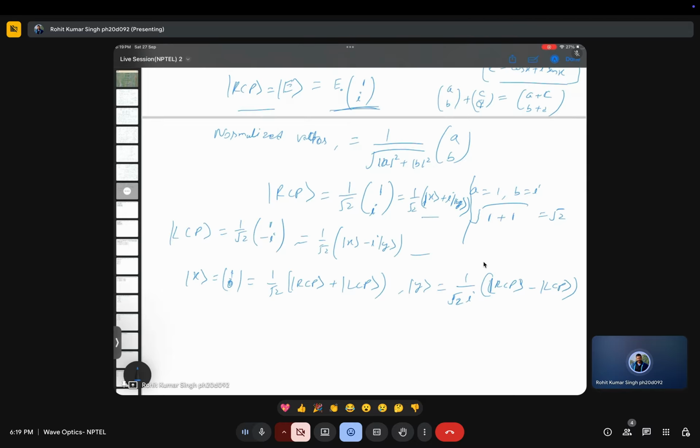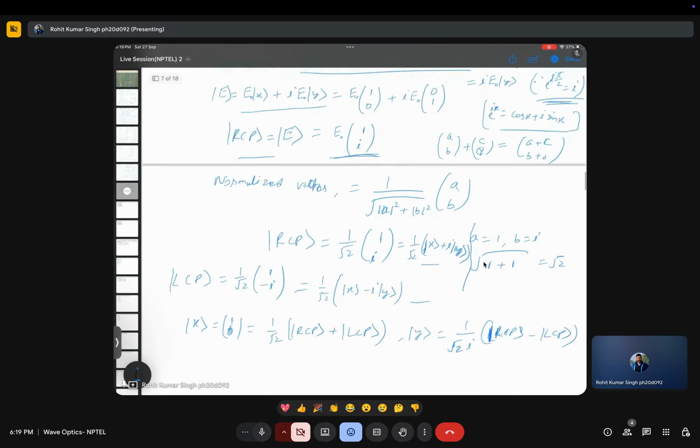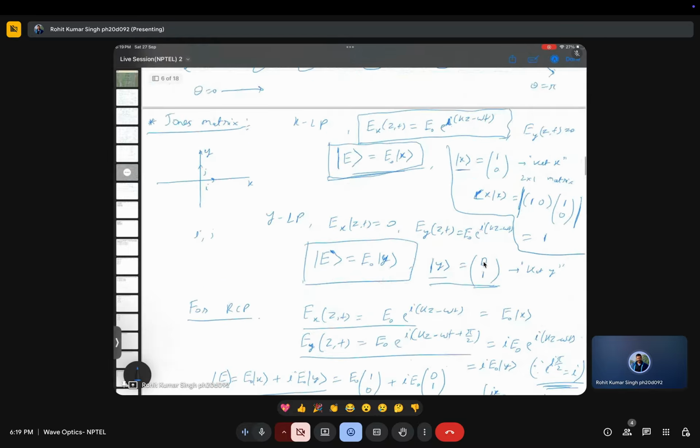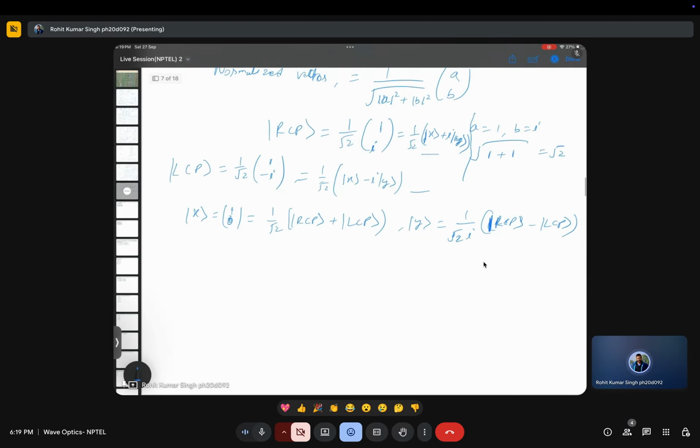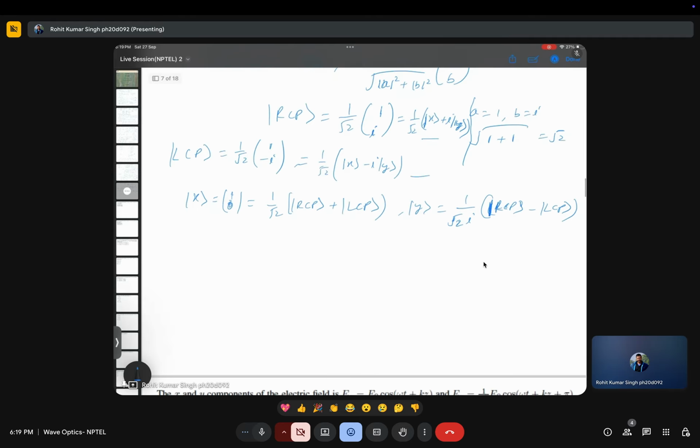So now you see it is very simple algebra to add and subtract these waves. This would not have been possible if we were working with the wave equation. Now it is very simple to add and subtract and see which is the superposition of which. That's why this Jones matrix formulation is very convenient for calculation.